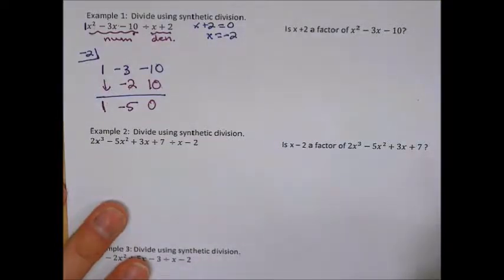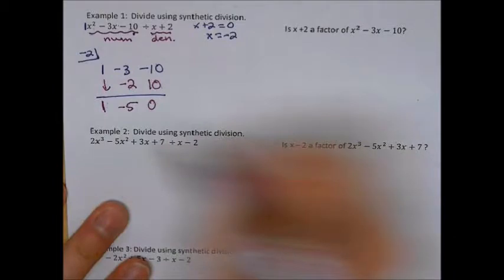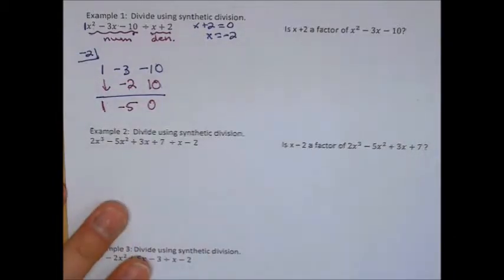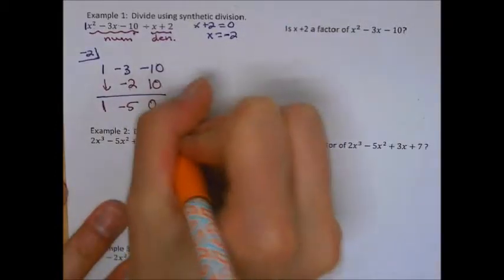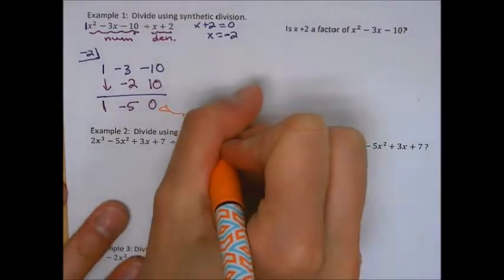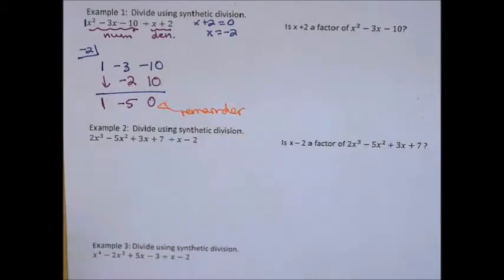Step 6 says to write the final answer. The final answer is made up of the numbers in the bottom row, so these numbers, with the last number being the remainder. So 0 is our remainder. The variable of x's start off 1 power less than the original.